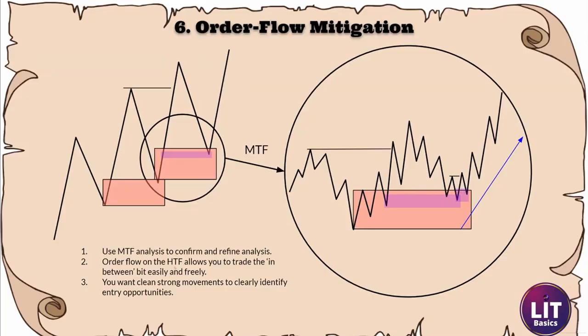Order flow on the higher time frame allows you to trade the in-between a bit easier and more freely, and you want clean, strong movements to clearly identify entry opportunities. I think there's no better way to go over it than to show some examples. Obviously, it's a multiple time frame approach.